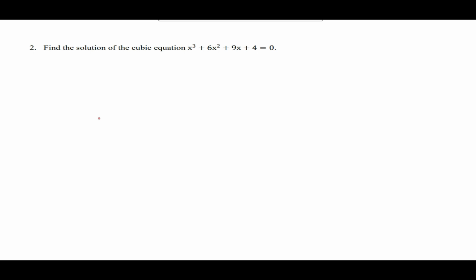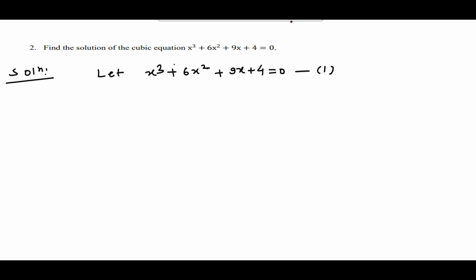Now in this problem, as you can see, our given equation is x cube plus 6 times x square plus 9x plus 4 is equal to 0. That is equation number 1.